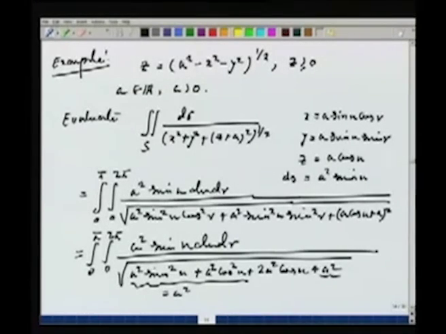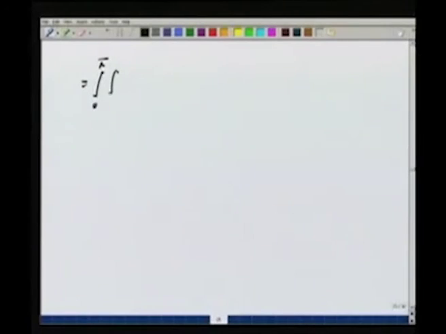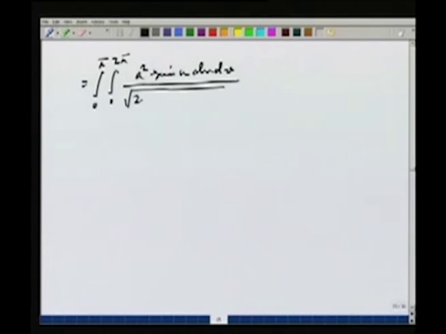Anyway, there is another a square, so I get twice a square. So finally what I get is 0 to pi by 2, 0 to 2 pi, a square sin u du dv divided by square root of twice a square plus twice a square cosine u.